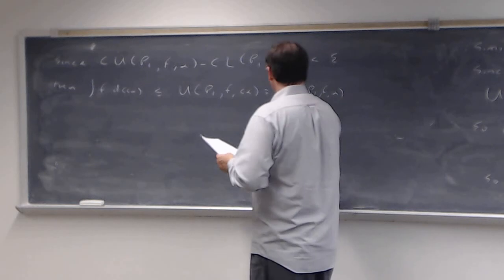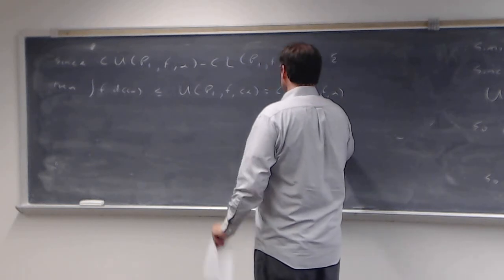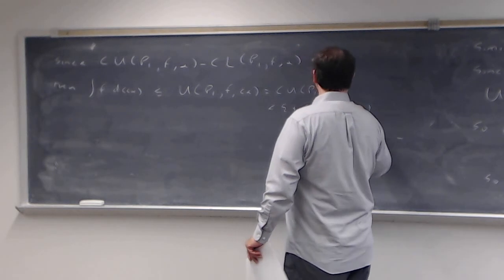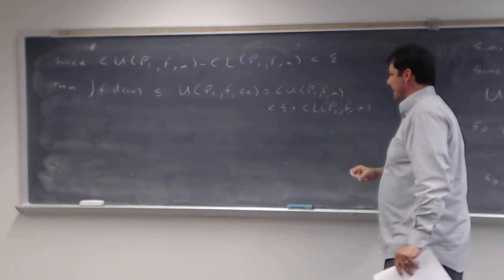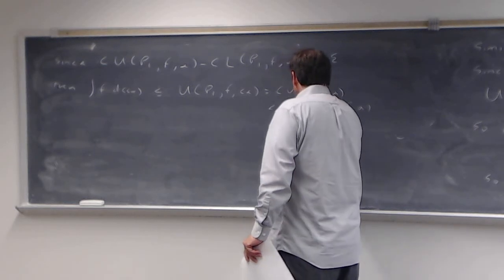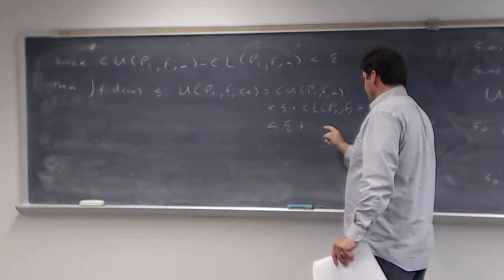Which is going to be less than epsilon plus C times the lower sum, alpha. I'm just moving this over here by adding it. Okay? Which is less than epsilon plus, here we take the sup of these.